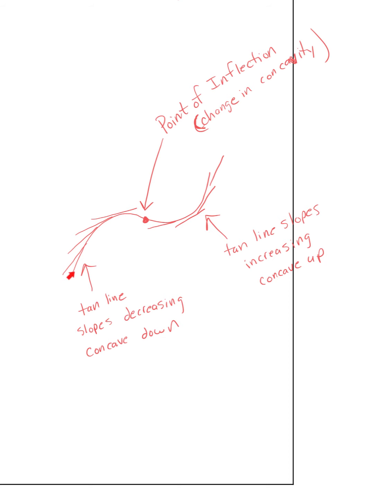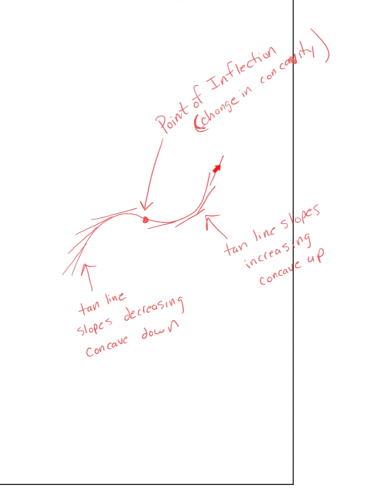As you move along this curve from left to right, the tangent lines get less steep. That means the slopes are decreasing. Whenever your tangent line slopes are decreasing, that is what we call concave down. Our curve is concave down here. Now here, as we move from left to right, can you see the tangent lines get more steep?